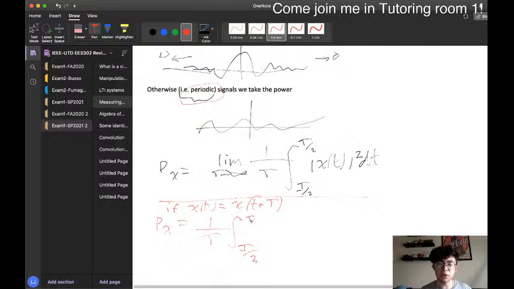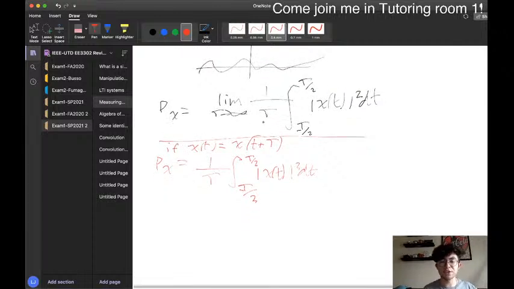The integral from minus T over 2 to T over 2 of x of t. This is going to be the one that you're going to be using if you're asked to calculate the power of a periodic signal, say of a sinusoid or a complex exponential or some square wave, or a triangle wave.